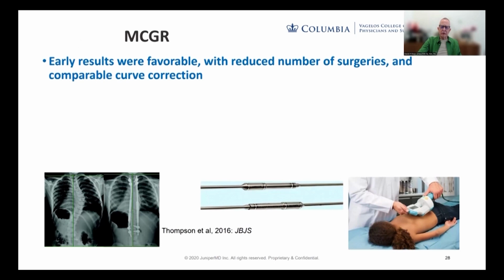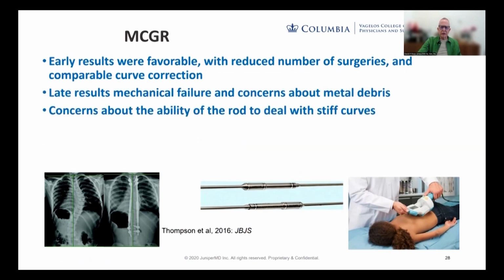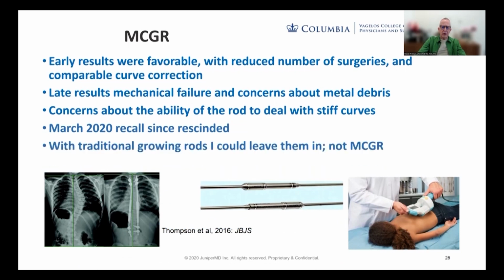MCGR early results were favorable with reduced numbers of surgery and comparable curve correction, but late results revealed some mechanical failures, concerns about metal debris, and concerns about the ability of the rod to deal with a very stiff curve. In March 2020, these concerns led to a recall that's since been rescinded. With traditional growing rods, I could leave them in, but not with Magic.